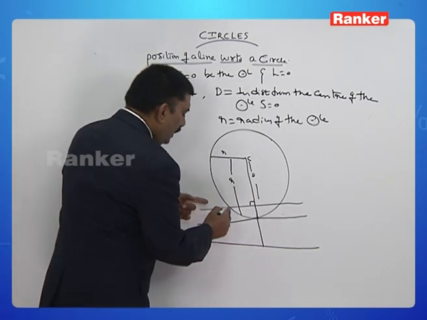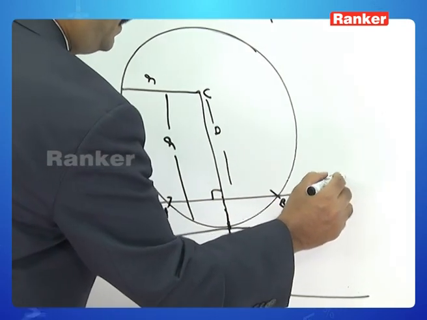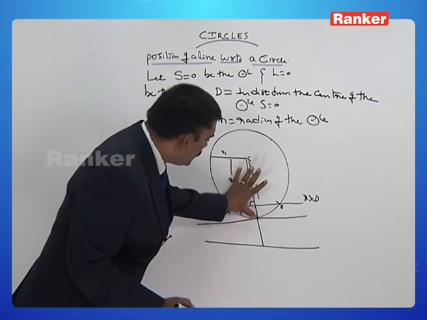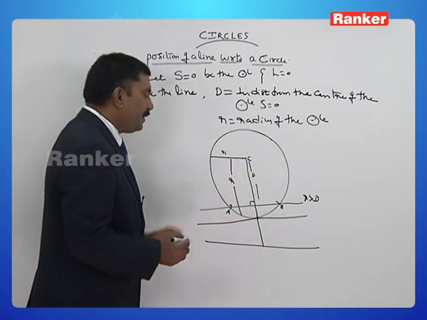Now when the line cuts a circle in 2 points, we can say R is greater than D. Because up to here it is R, up to here it's R, but here it is D. What is D? Perpendicular distance.